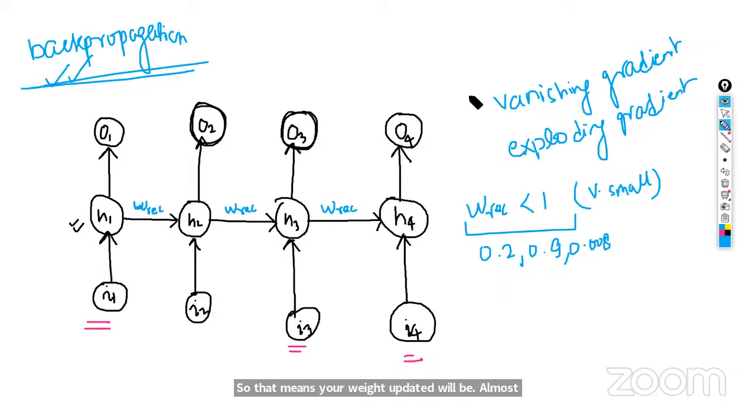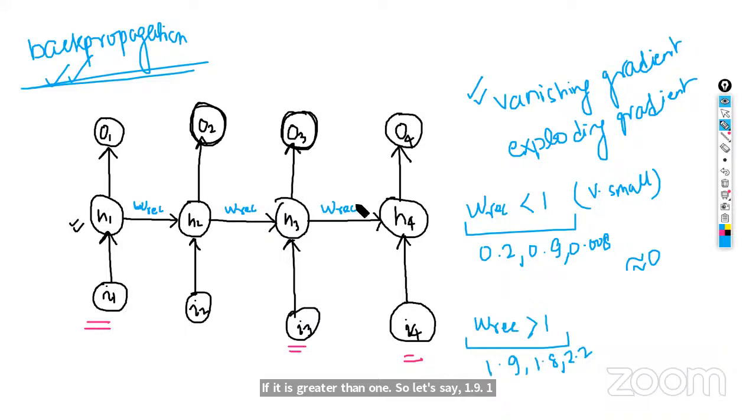That is something we call a vanishing gradient. That means the weight updation will be close to 0, right? The reverse case of this is what we call an exploding gradient, where the recurrent weight is greater than 1, so let's say 1.9, 1.8, or 2.2.